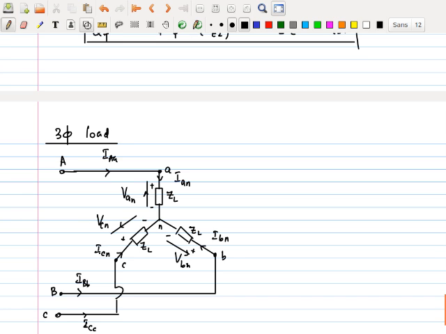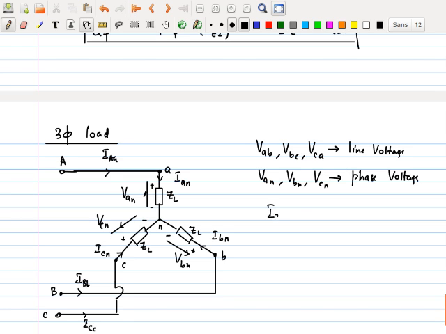All the other expressions that you're going to have will have the same format. Say for example, V of AB, V of BC, V of CA are called the line voltages. In the earlier case it was E of capital AB. Then you have V of AN, V of BN, V of CN. These are called phase voltages. Exactly the same.